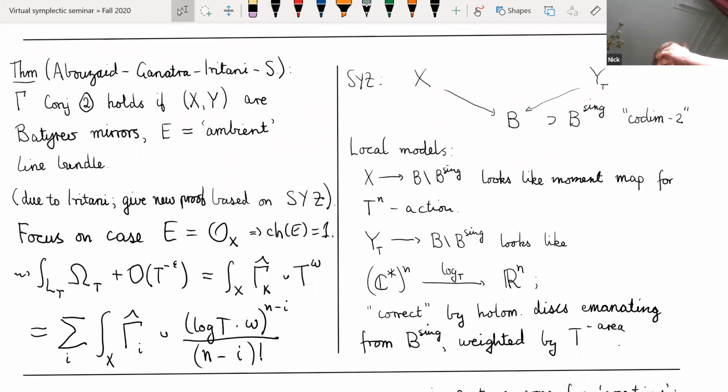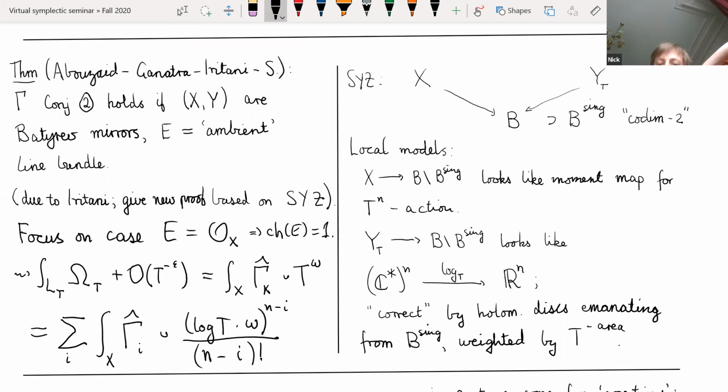All right, so I'm going to try to explain what the proof looks like in this case. Like I said, it's based on the SYZ conjecture, where we've got torus fibrations over a common base with a singular locus in codimension 2. Locally, the symplectic torus fibration looks like a moment map for a Hamiltonian torus action.